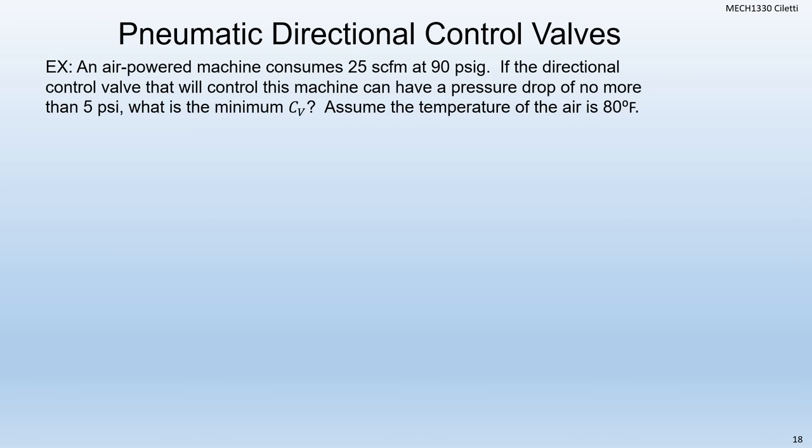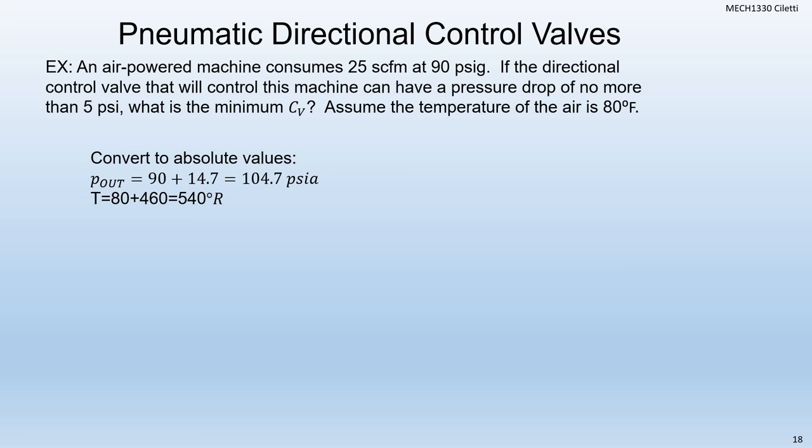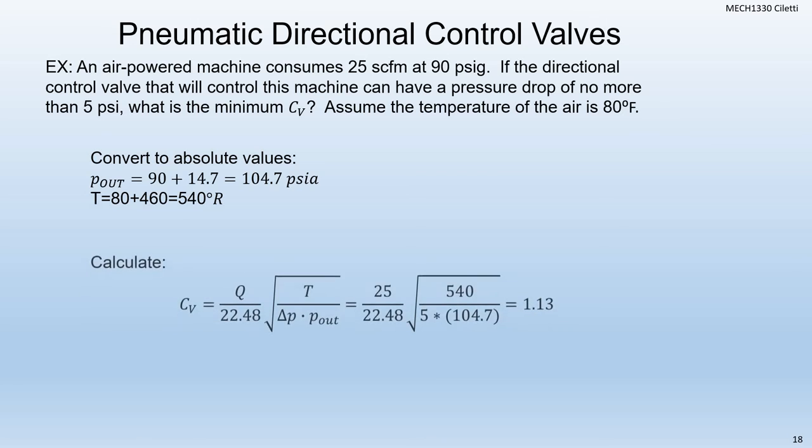First and foremost, make sure that we get everything into the correct units. For our output pressure, we take 90 plus atmospheric pressure, so 90 plus 14.7, and get 104.7 for our absolute pressure. And we have to take 80 plus 460 because we have to go from Fahrenheit to Rankine for our calculation.